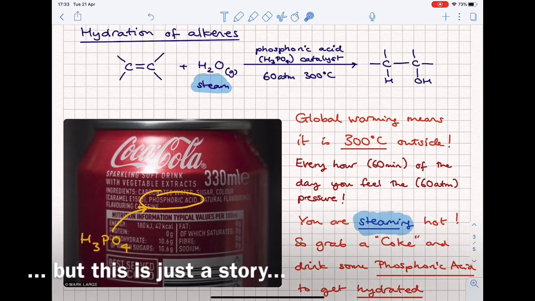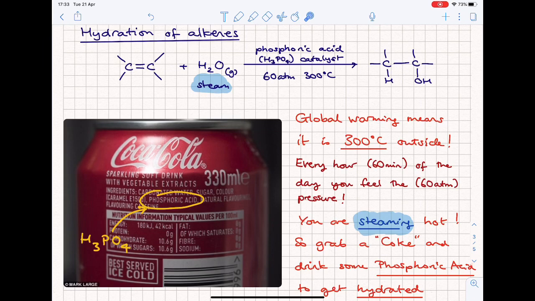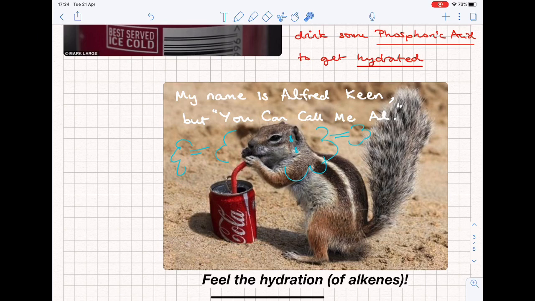So you feel really hot and you're going to grab a nice cold drink. So you're going to grab a can of Coke which contains phosphoric acid. So you can hydrate yourself using some phosphoric acid solution, basically. So alkenes can be hydrated using phosphoric acid catalyst and steam and 300 degrees C and 60 atmosphere pressure. Under pressure.